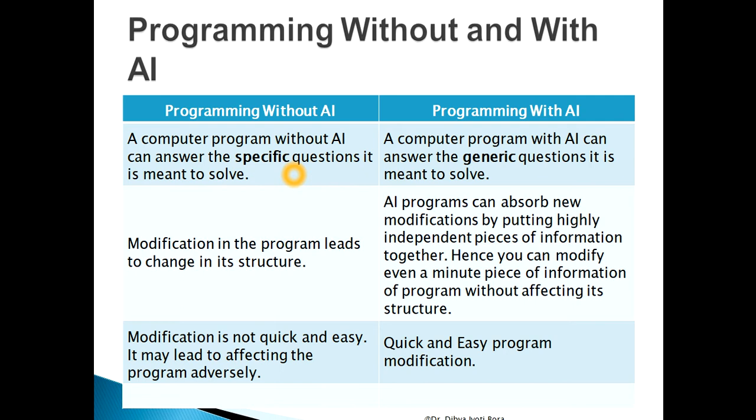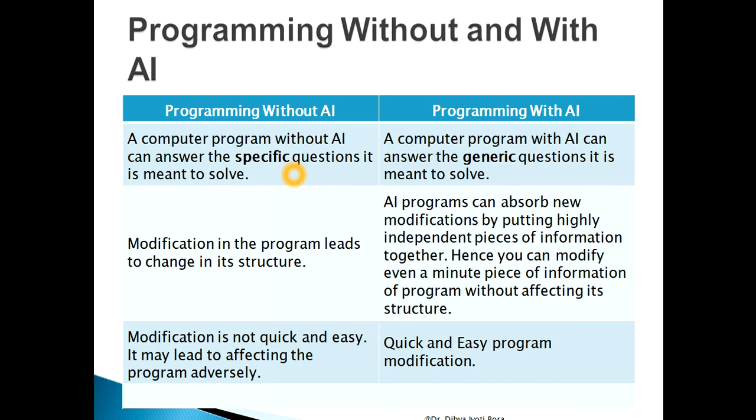It is specifically designed to solve quadratic equations. But a program developed with AI to solve equations can solve any other equations. It does not just stick to quadratic equations. Got it? So programming without AI is specific, but programming with AI is generic.